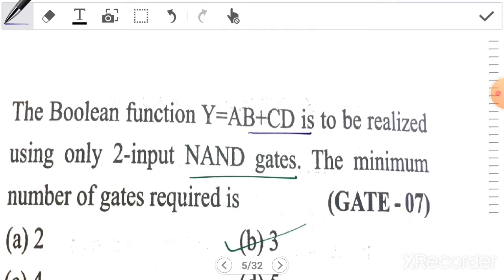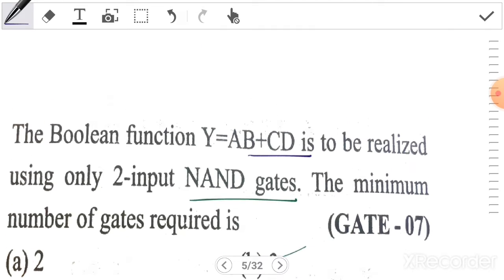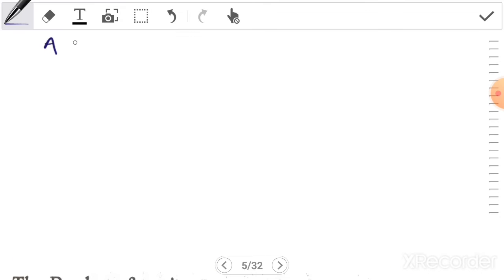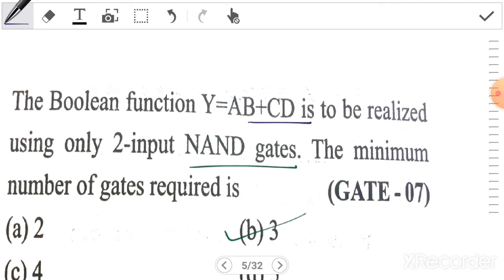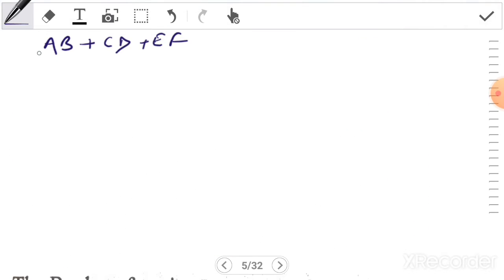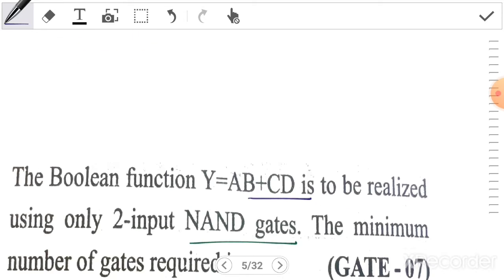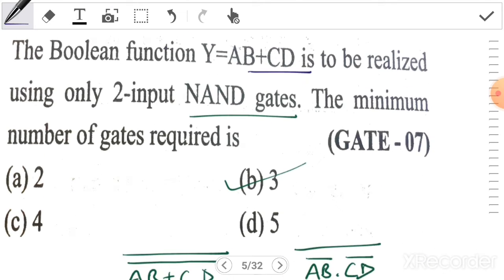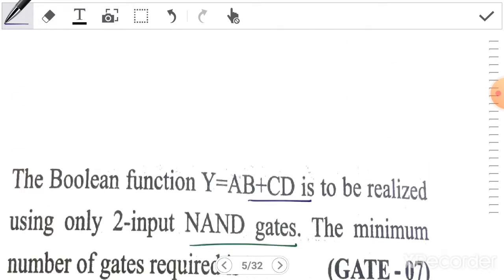Again, here it was 4 inputs, now what if you have 6 inputs? If you have to realize AB plus CD plus EF with the minimum number of NAND gates required. For the four inputs you just saw, we required 3 NAND gates.